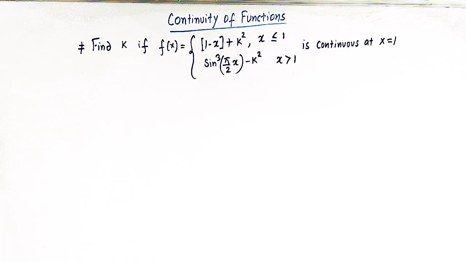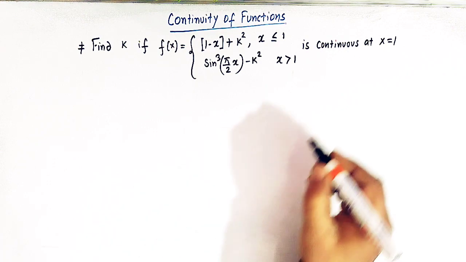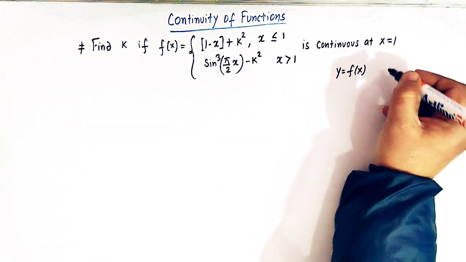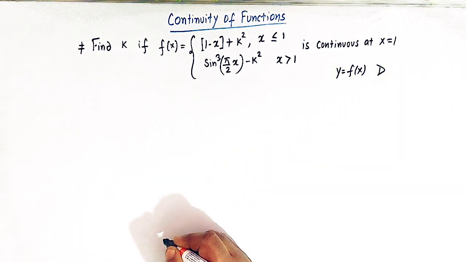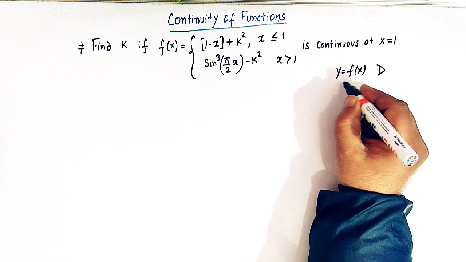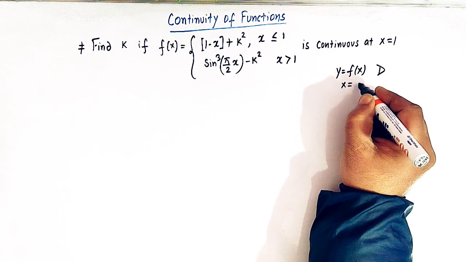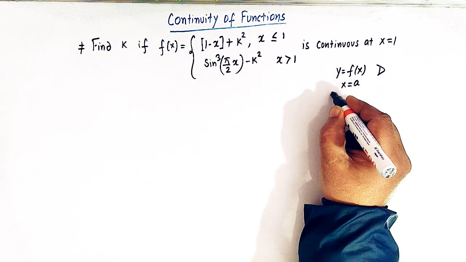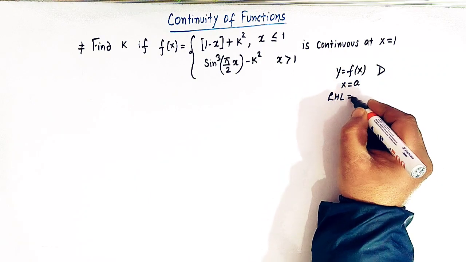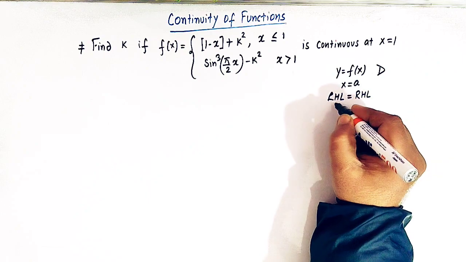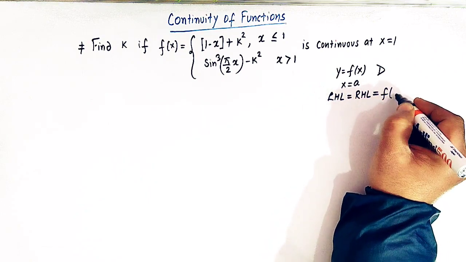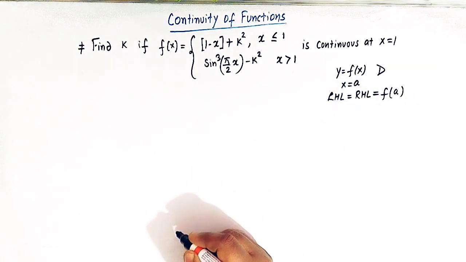Let us first take the definition of continuity of functions. Suppose we have a function y equal to f of x, defined in some domain D. This function f of x is said to be continuous at some point a in the domain if the left hand limit is equal to the right hand limit, and both these limits are equal to the value of the function at the point x equal to a.